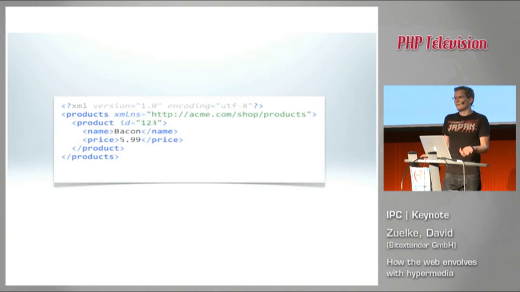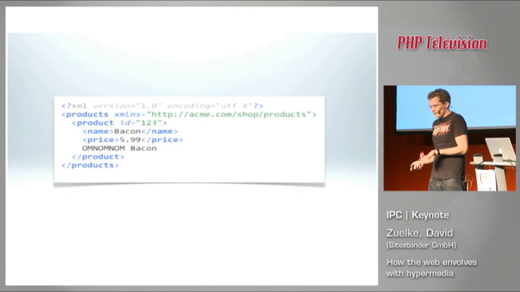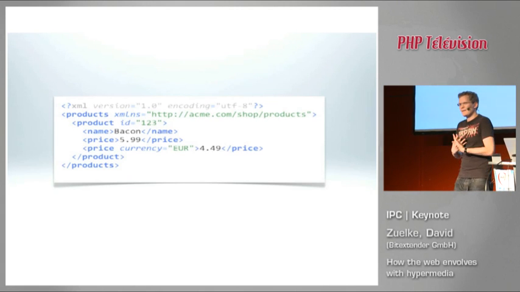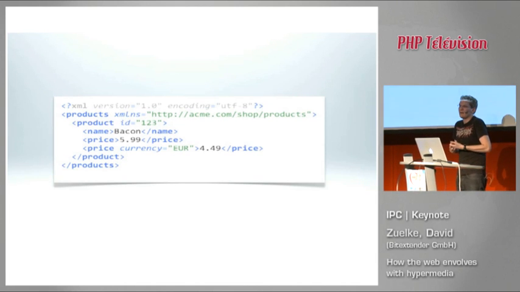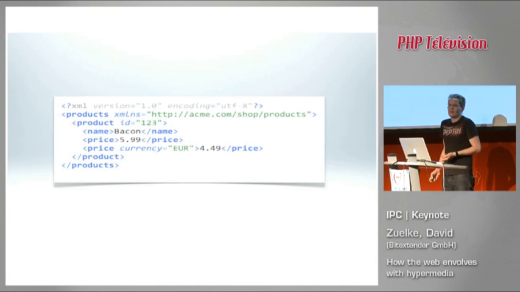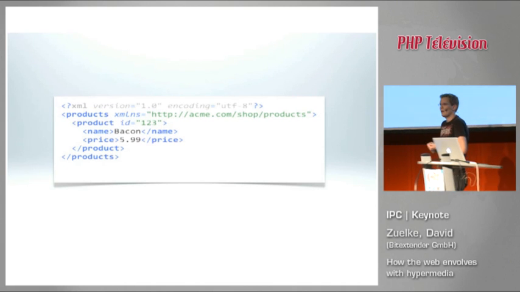We have self-delimiting markup, so we can add things. We can express our love for bacon, for instance, right? We could do that. Or we can say we add a second price element. And no client should break, really. Because, I mean, what is a client going to do with this document? He's going to go to the product, and he's going to look for the first price element he finds.